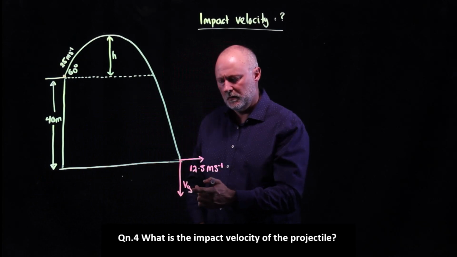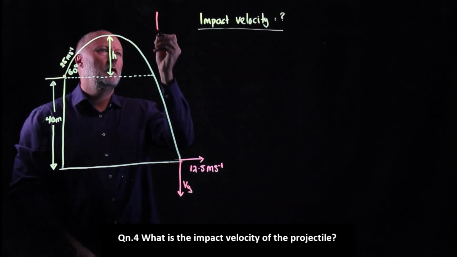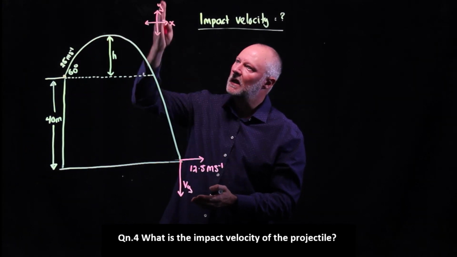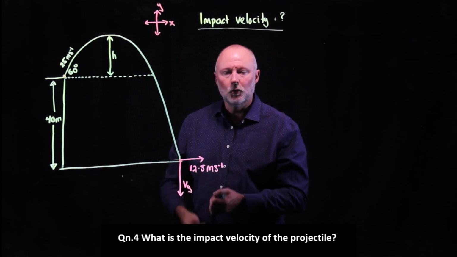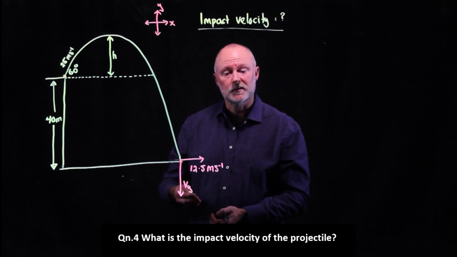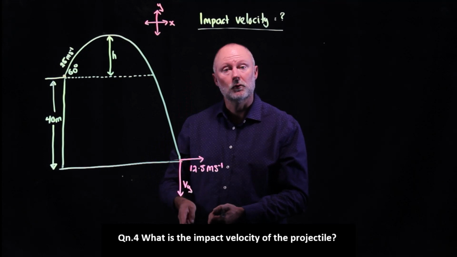What we don't know is the final velocity as it impacts in the vertical. Now we could label that as a velocity in the y direction, or if you like, a vertical velocity. So in order to add these two as a vector to find the overall impact velocity, we need to first of all discover what is the impact velocity in the vertical direction.